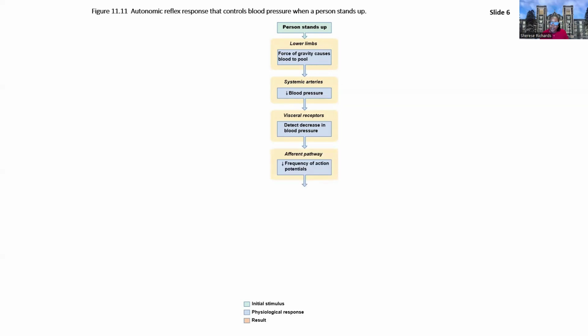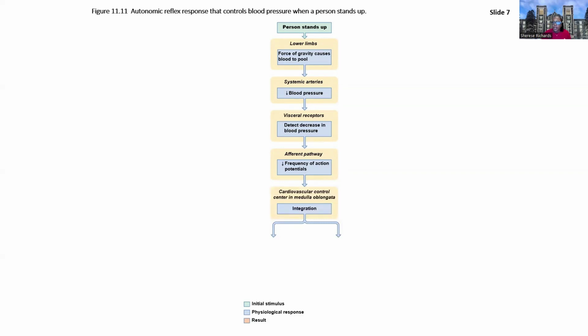So they're going to send signals on afferent pathways, and the way that they send those signals is a decrease in the frequency of action potentials. If you recall us describing frequency coding, it means that the way the nervous system grades signals is by altering the frequency of action potentials. So to send a signal that there's a drop in blood pressure is a drop in the frequency of action potentials on the afferent fibers toward the central nervous system.